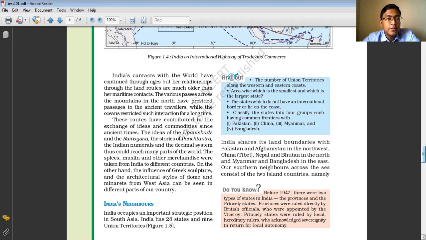We have many neighboring countries: Pakistan and Afghanistan in the northwestern part, China, that is the Tibetan part, Nepal and Bhutan in the northern part, Myanmar and Bangladesh in the eastern side, and in the southern part, in the oceans, Maldives and Sri Lanka, which are our island neighboring countries.